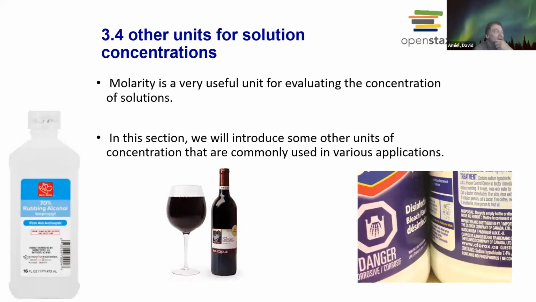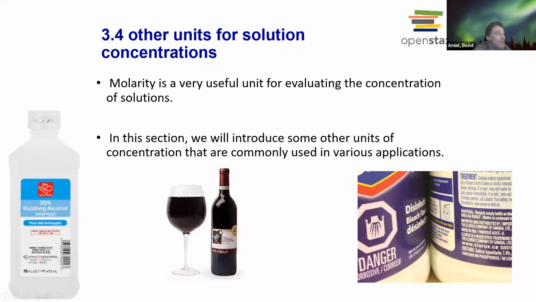Okay. Let's end this chapter by talking about other units of concentration. You go to the pharmacy, you see a 70% solution of rubbing alcohol, which is isopropyl alcohol, 70%. That's a unit of concentration.